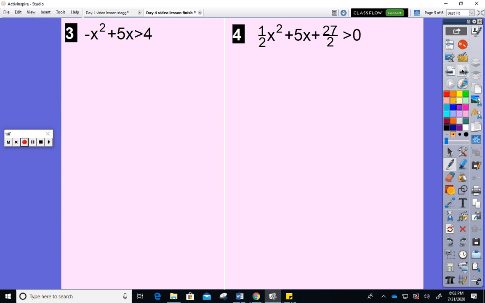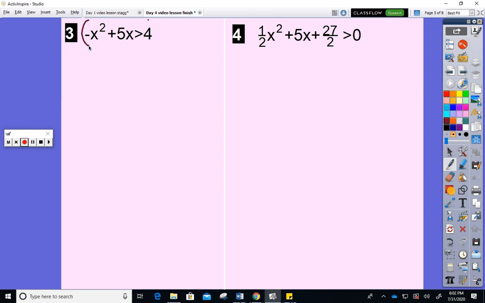Now, on number 3, the goal is to get you to think about how to deal with a leading negative. There are 2 ways to do it. I can either deal with the leading negative by factoring it out as a GCF, or I can multiply the whole inequality by a -1. I'm going to bet that several of you might like that choice.